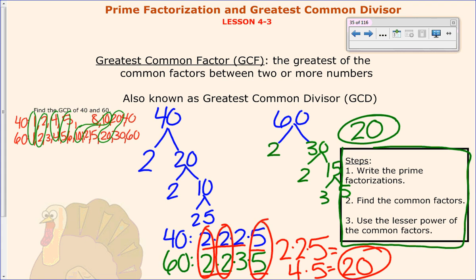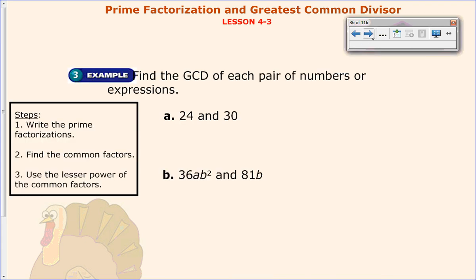So here I showed you 2 different methods. You could write them all out and then find the bigger number, or you could use prime factorizations. All right, so here we have A, and again we're going to do 8. Well, I'm going to let you do A by yourself, and then we're going to do B together because that one has variables. So I want you to find the GCD, or the greatest common divisor, of 24 and 30.